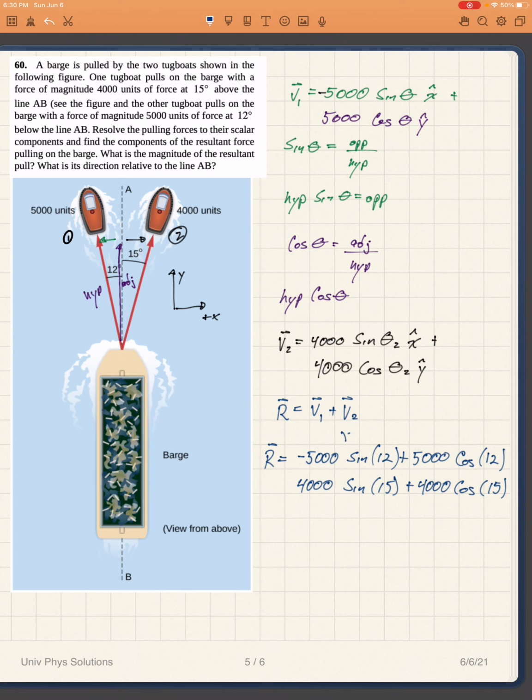Here my x hat components are adding and my y hat components are added.